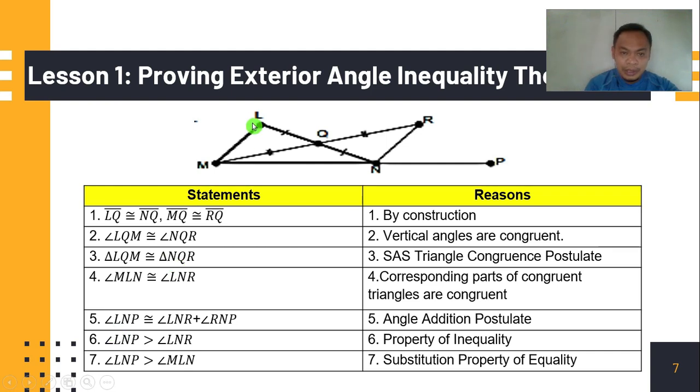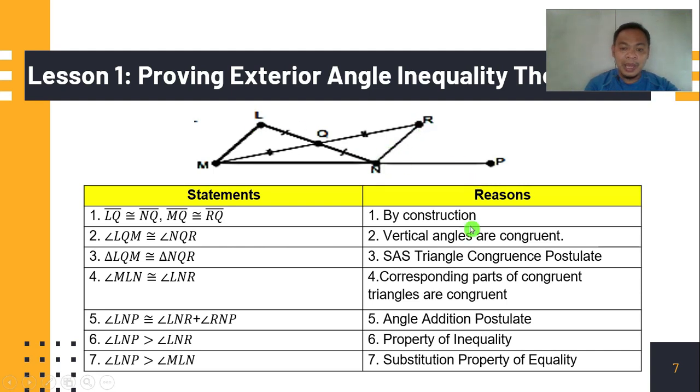Next, statement number 5. Angle LNP is congruent to angle LNR plus angle RNP. This means angle LNP is congruent to LNR plus RNP.